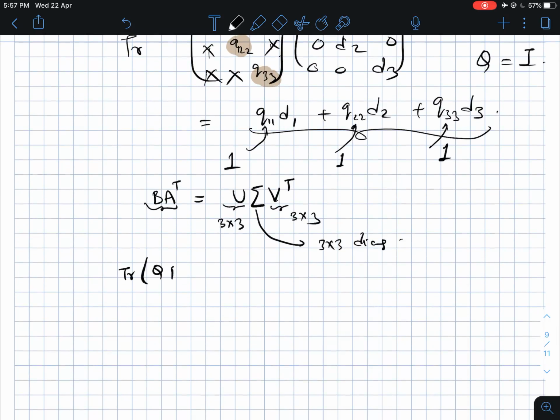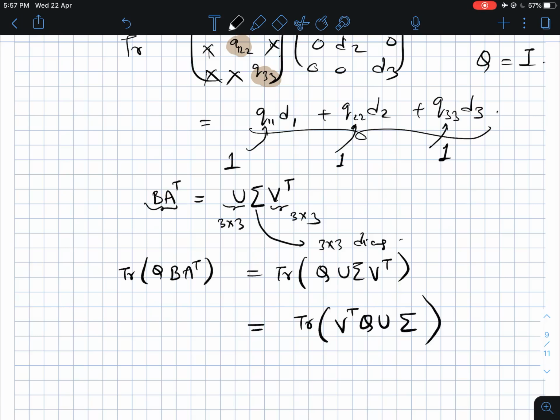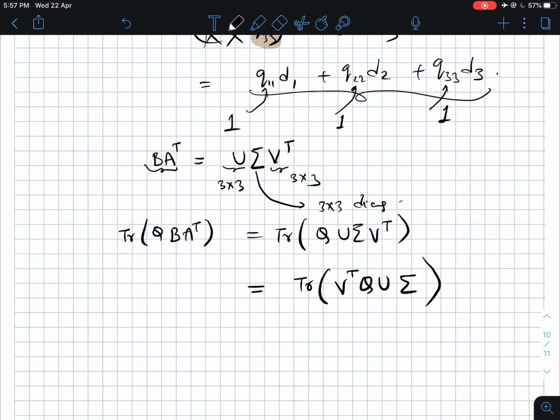So take the SVD and then we'll write trace of QBA transpose equal to trace of Q U sigma V transpose. Now this is equal to, by again using the cyclic property of trace, trace of V transpose Q U sigma.